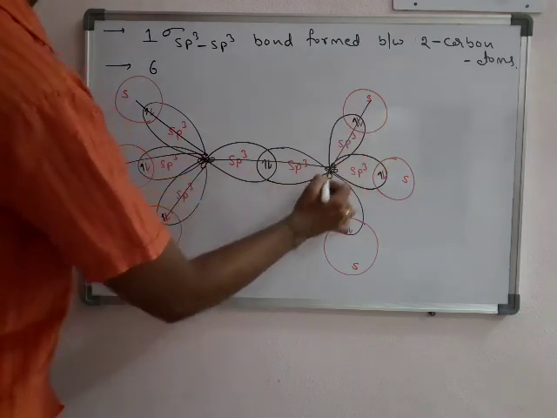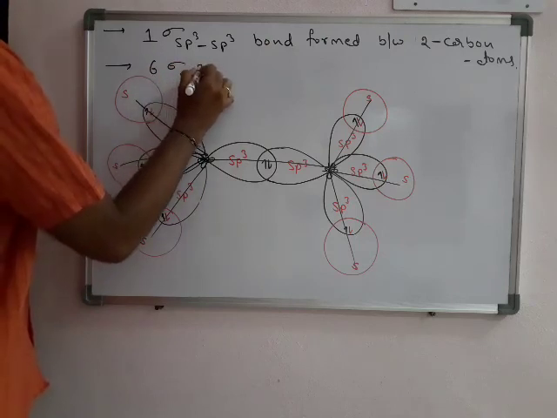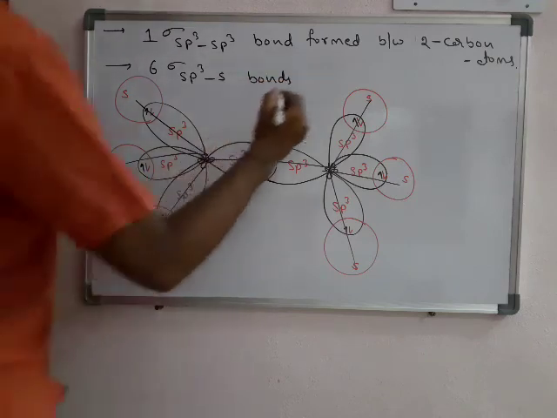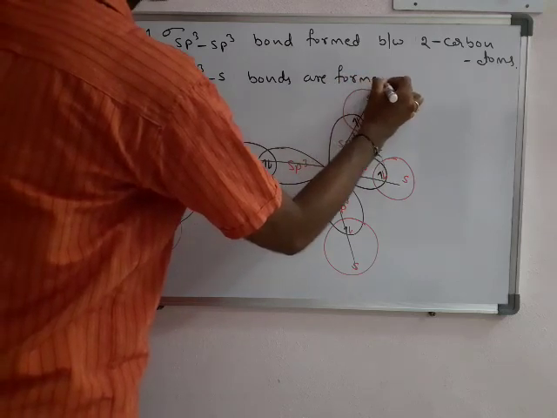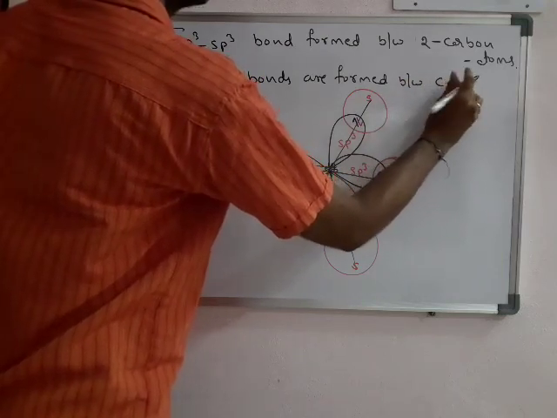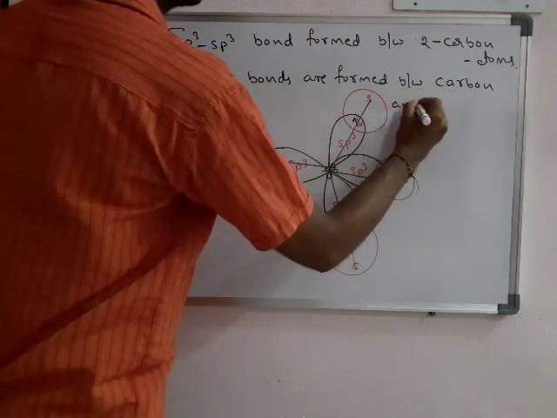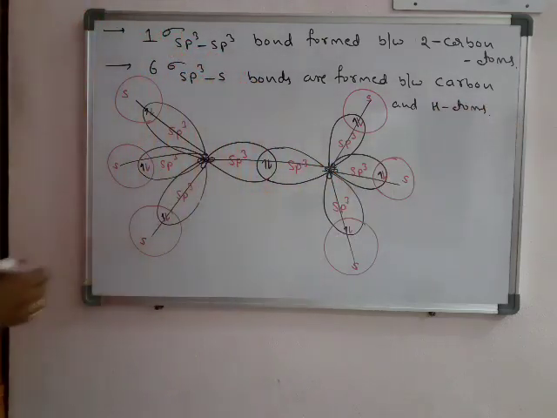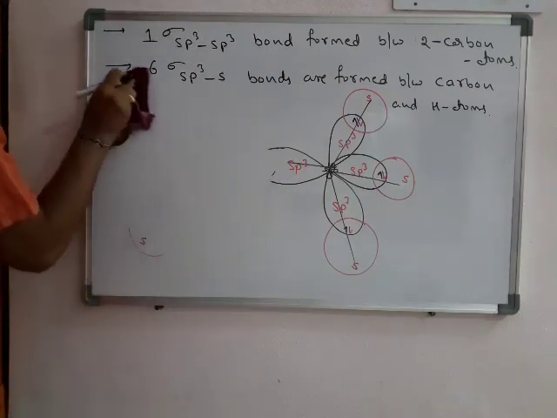So there are 6 sigma sp3 bonds formed between carbon and hydrogen atoms. Again, this was important.